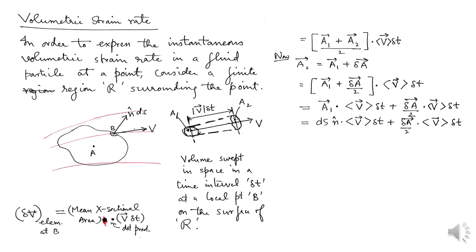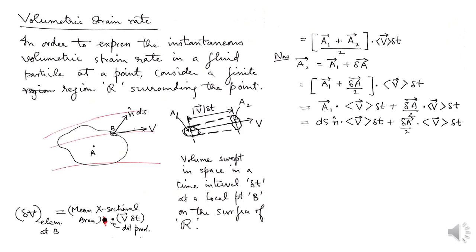That means the enclosed curve that I have shown, a boundary sort of, at a certain instant of time, will be the finite region surrounding the point, and of course it then contains an infinite number of fluid particles. Not only my fluid particle at point A, but a whole set of fluid particles inside this region R.